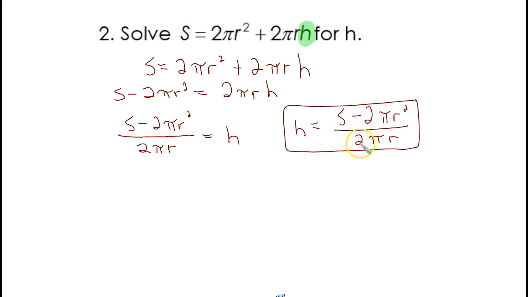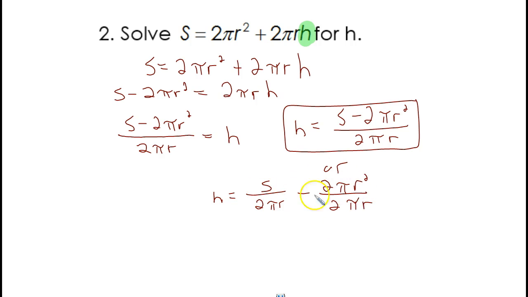Now, it is possible to break this into two fractions. So we could say that h is equal to s over 2 pi r minus 2 pi r squared over 2 pi r.